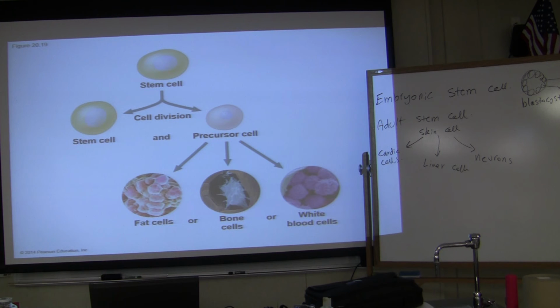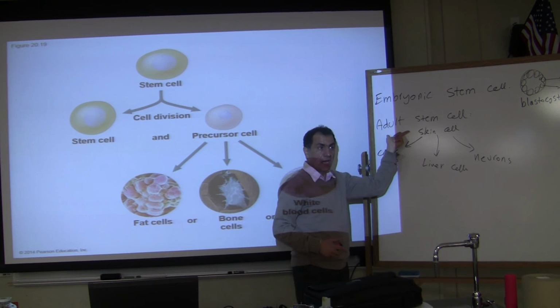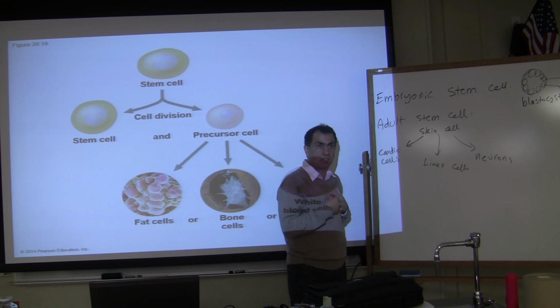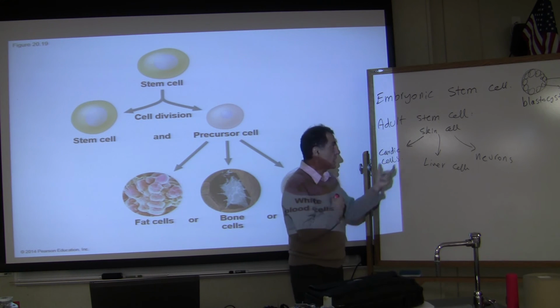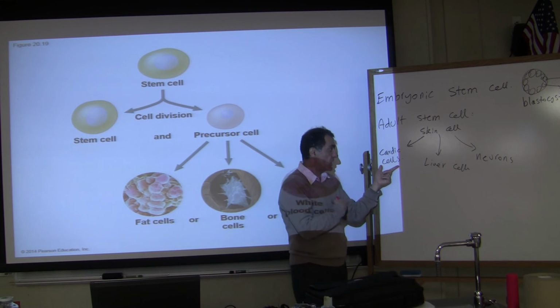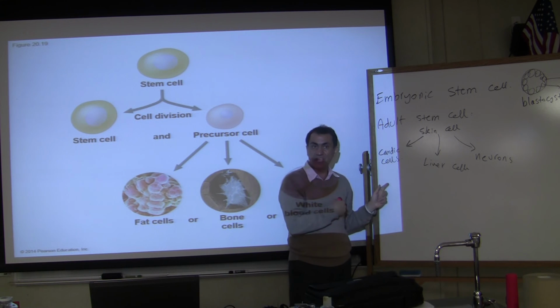The advantage of taking adult stem cells is this. For example, I play too much soccer, my heart cells are dying, I need a new heart. They take my skin cells and turn them into my heart cells, and I will not reject them. It's from the same person, no rejection.